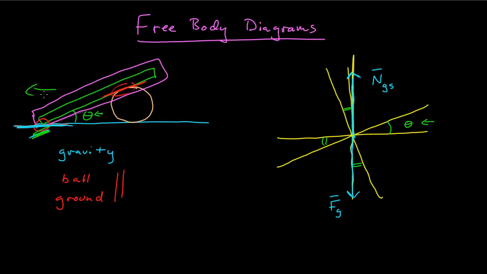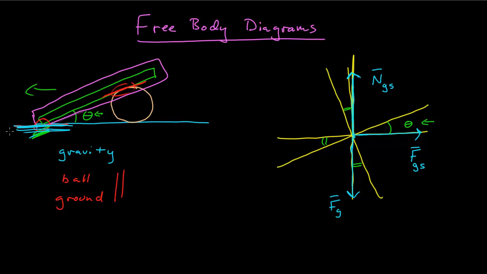And so the frictional force has to be in the opposite direction of that motion. And so I have a frictional force of the ground on the stick pointing to the right. And it's along, tangential to that plane of contact.